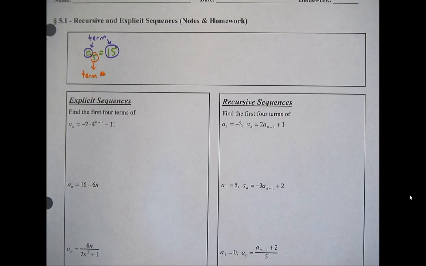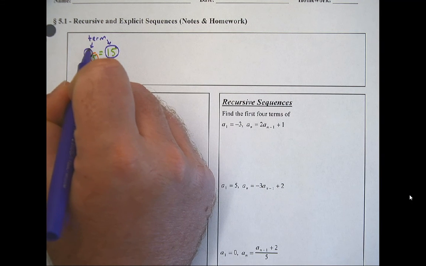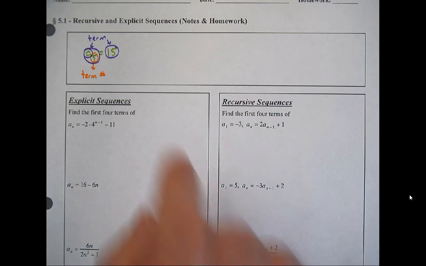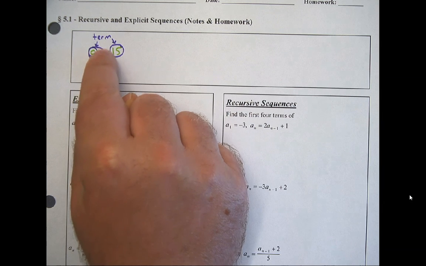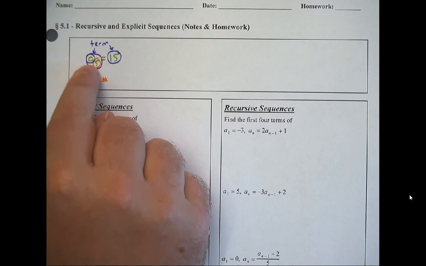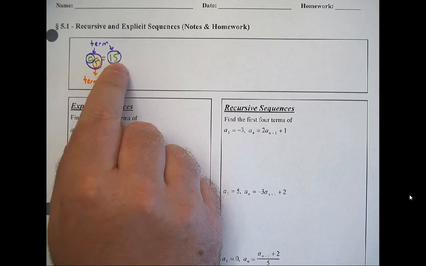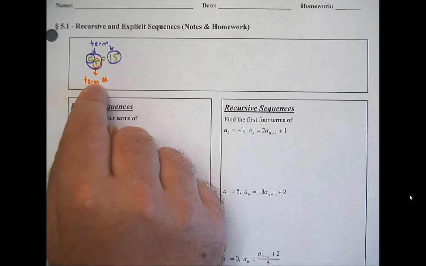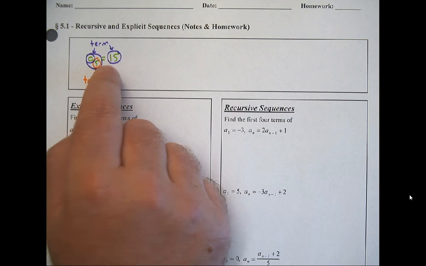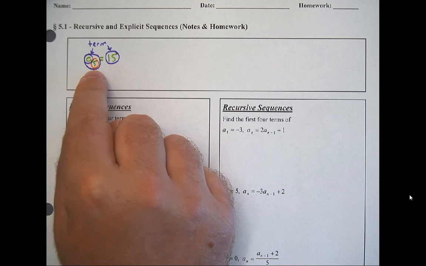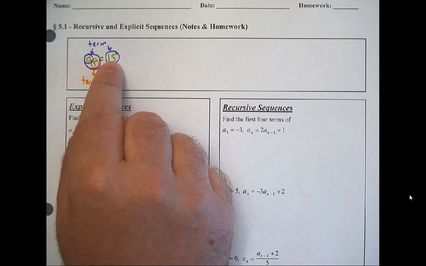The term is the A sub 5 together. That whole piece is the term A sub 5. 15 is also known as the term. So one is kind of in f of x notation, and one is the actual value. The term number represents where you are in the list, and the actual term, the number itself, is 15. So my term number would be 5, and the fifth term would be 15.